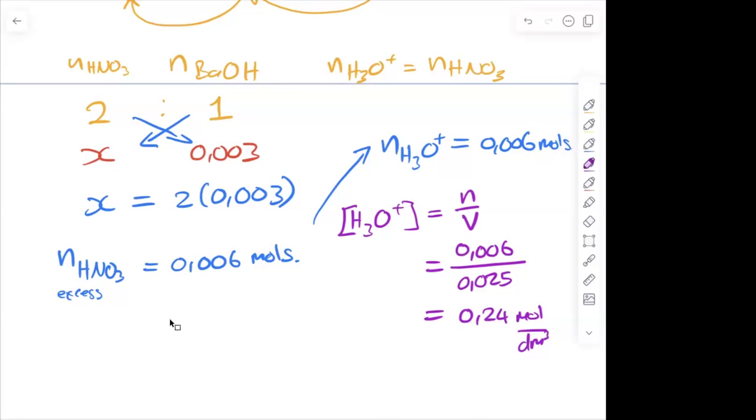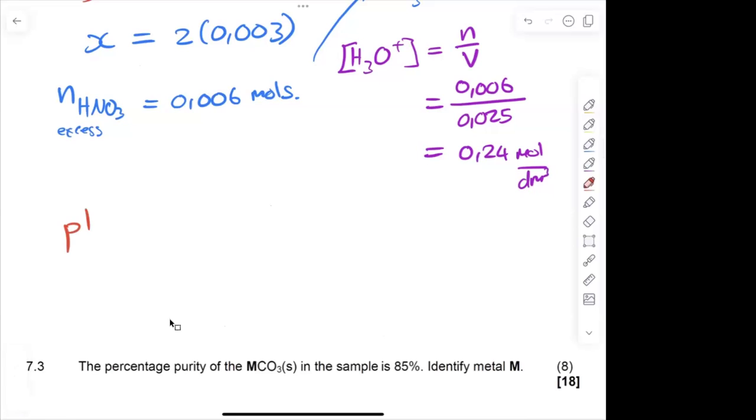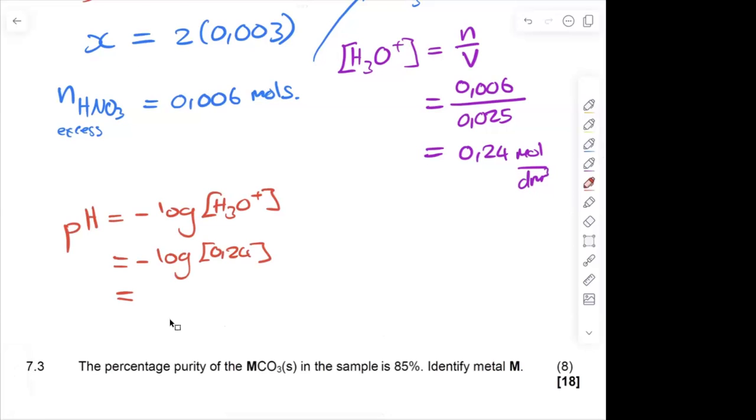We can finally answer our question. We've got the concentration of H3O+, so we can solve for our pH, which is the negative log of that concentration. So our pH equals the negative log of the concentration of H3O+. That's the negative log of 0,24, and if you plug that into your calculator you should end up with an answer of 0,62.